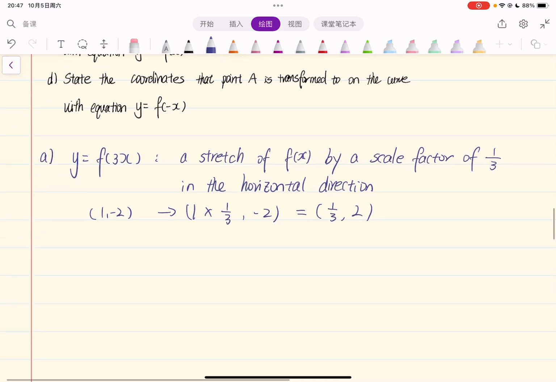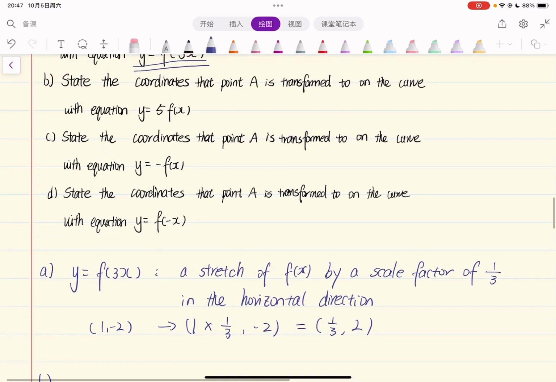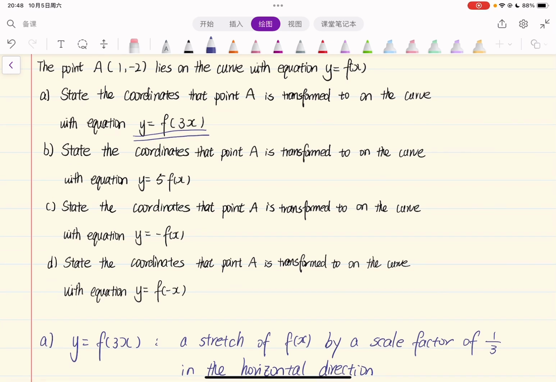Now for part B, also state the coordinates that the point A is transformed to on the curve with equation y equals 5f(x).